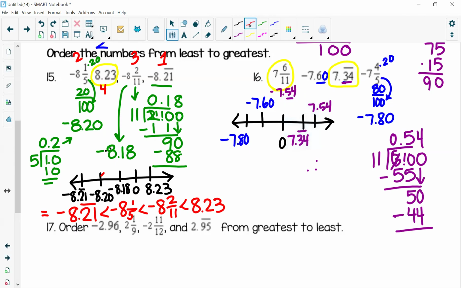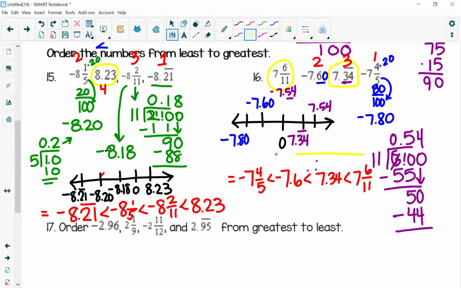So now I can order them. Oh, sorry about that, guys. So I have negative 7 and 80 hundredths is my smallest one right there. Negative 7 and 4/5 is less than negative 7 and 6/10, is less than, we have positive 7 and 34 hundredths right here, is less than 7 and 6/11.